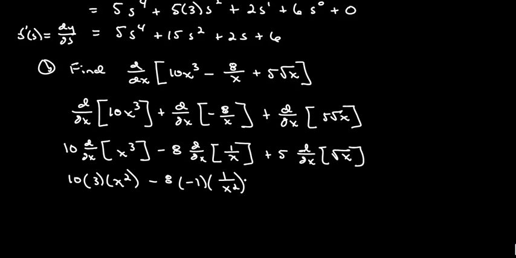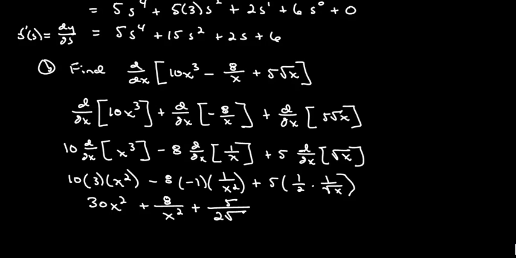And the derivative of this guy is going to be 1/2 times 1 over the square root of x. So this is going to be 30x squared plus, because it's negative times a negative, so plus 8 over x squared. And then this last one's going to be plus 5 over 2 square roots of x.